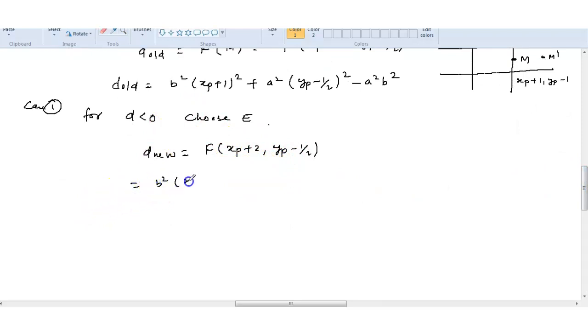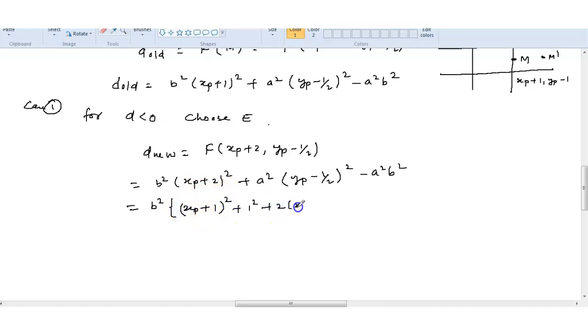So b square (xp plus 2) whole square plus a square (yp minus half) whole square minus a square b square. So b square (xp plus 2) I can write as (xp plus 1 plus 1), which is (xp plus 1) whole square plus 1 square plus 2 into (xp plus 1) into 1. And this one as it is, because here also a square (yp minus half) whole square minus a square b square.